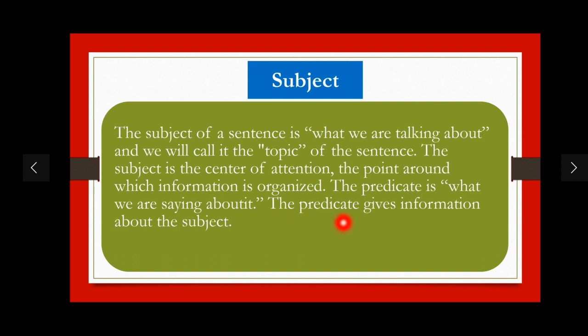So the predicate gives information about the subject or about the topic. The topic is the center, very important. So the predicate is information and the subject is the topic. So topic plus information.